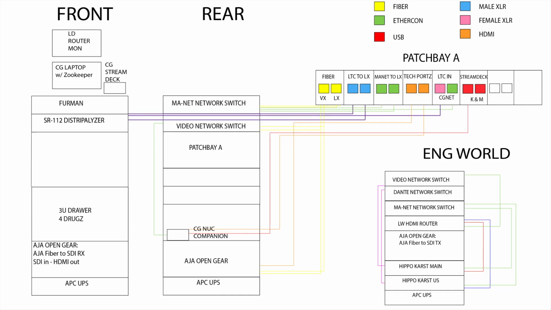This is a system block diagram that I had drawn from one of the recent tours that I had done. I was the lighting designer and director, and I became the video programmer and director. So this was my layout for my Hypnotizer rack at front of house. And you can see that everything's color-coded, that there's a key.